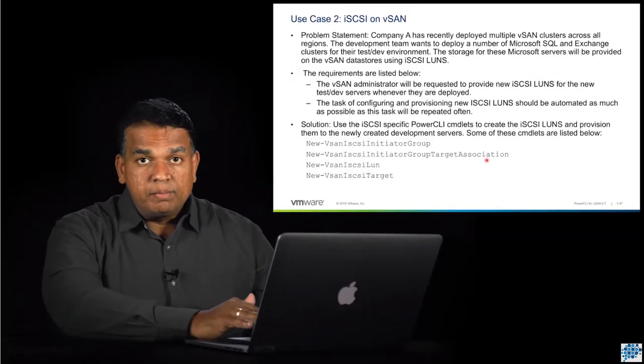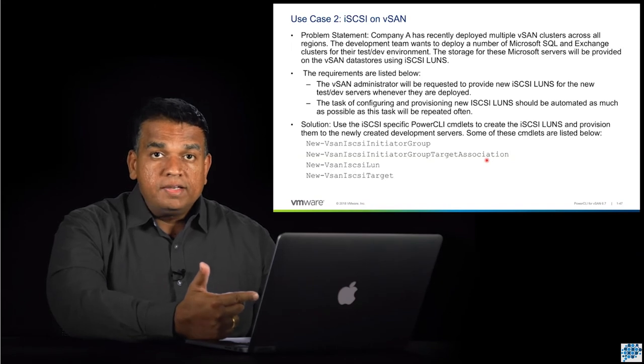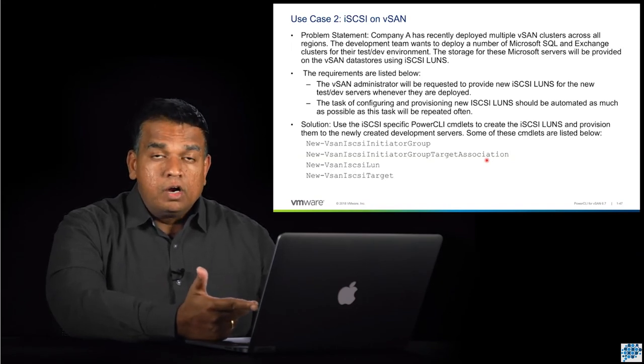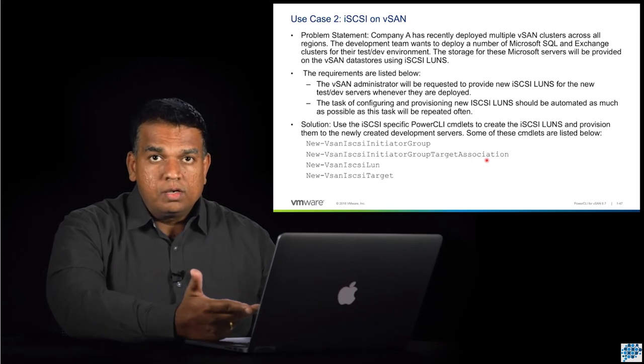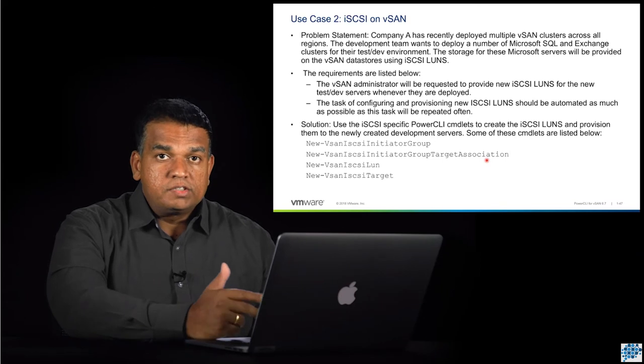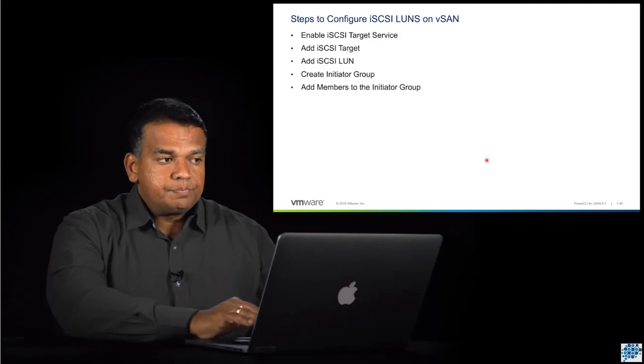These are just examples of a few of the commands we are going to use to create iSCSI targets and associate those targets to the new, let's say, SQL hosts or the new Microsoft hosts. So this is what we are going to do in the coming slides. Let's get started.